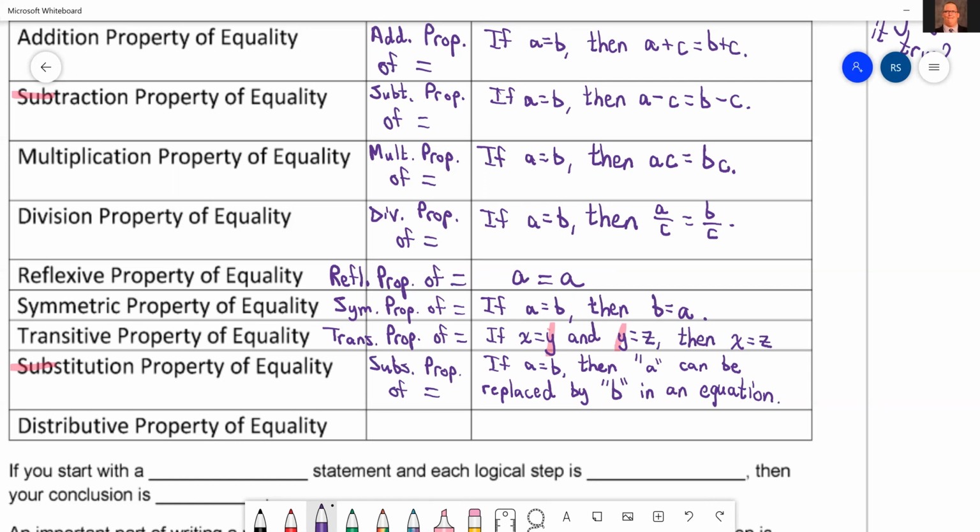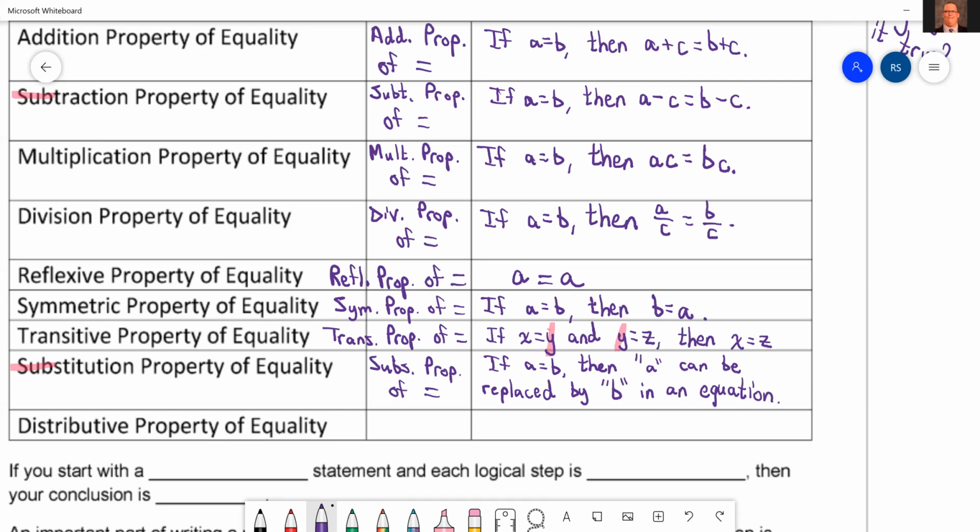So if A is equal to B, then you can substitute A and B for each other in the equation. That's what the substitution property says.